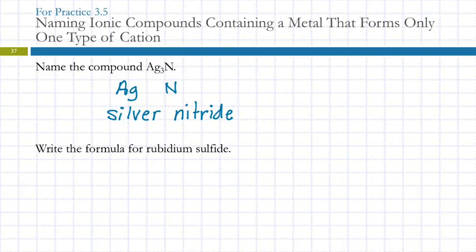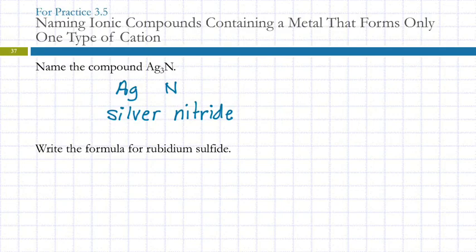When we're going the other way, like we'll do here, where we have a name and we write the formula, this 3 we would get by looking at the charges on these. We don't have to do that when we look at the names, unless it's not in group 1A, 2A, 3A, zinc, or silver. So any questions on naming that one?